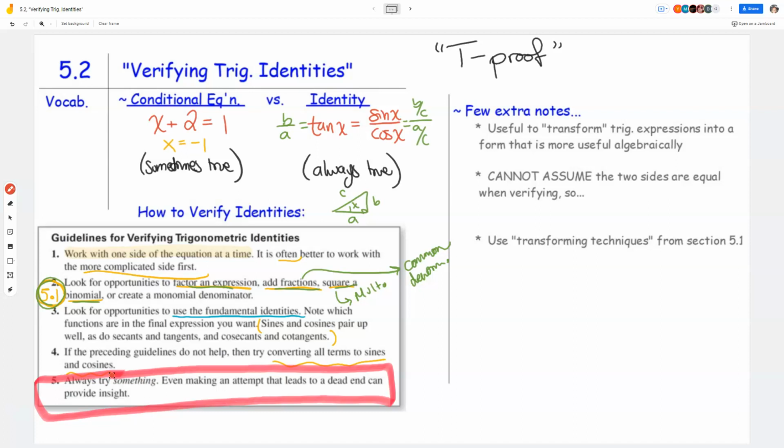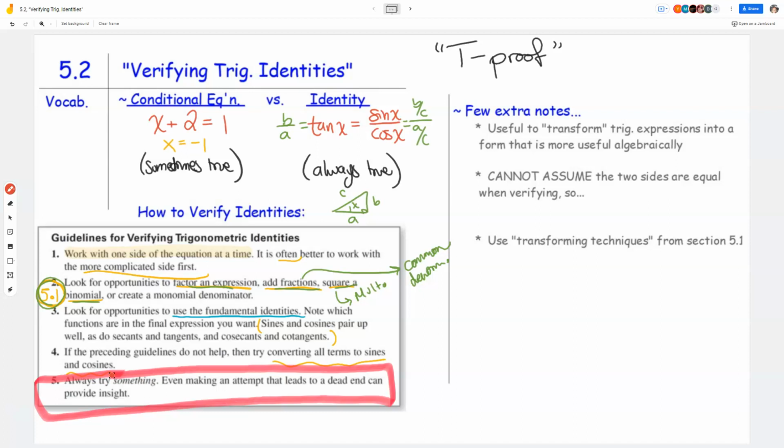Getting specific. A dead end can provide insight. Why? If you hit a dead end, should you keep going that way? No. You reverse. If you hit a dead end, you have to change direction somehow to move forward, right?